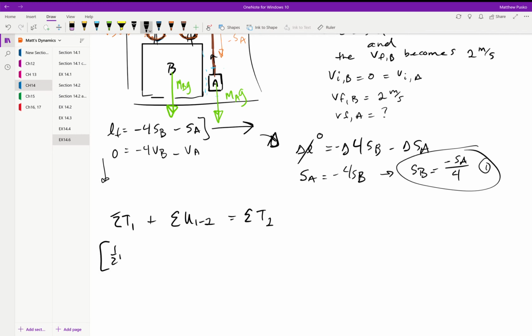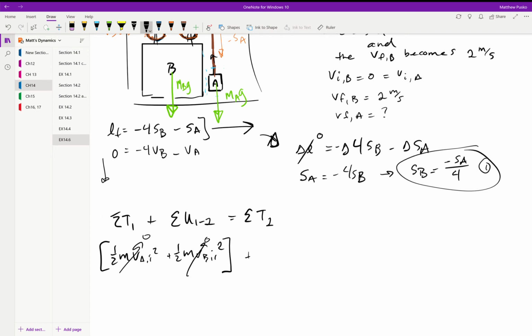We have 1/2 m vA initial squared plus 1/2 m vB initial squared. That's our kinetic energy. It's released from rest, so both of these end up being 0.